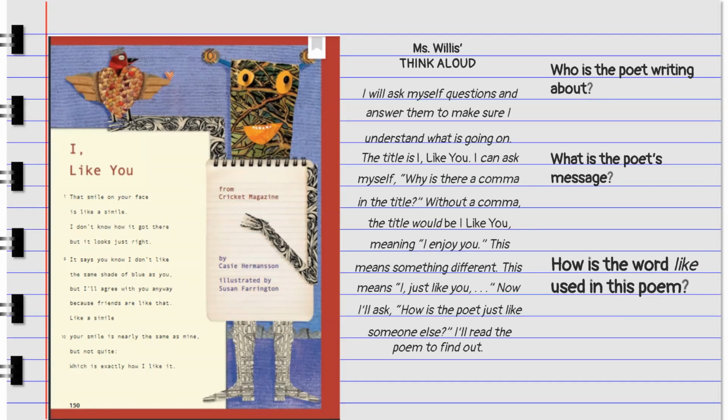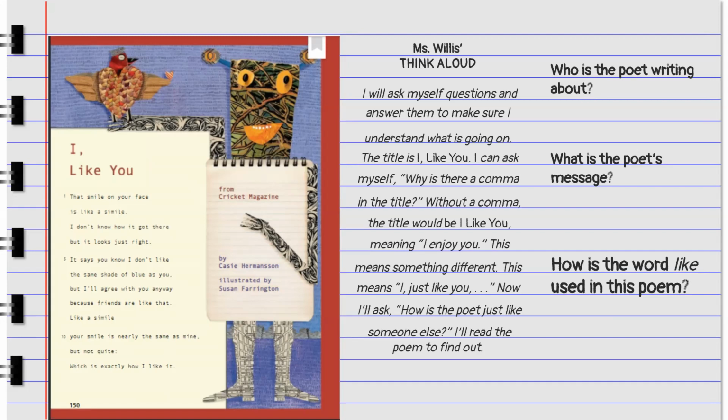Why is there a comma in that title? Without a comma, the title would be I like you, meaning I enjoy you. But that's not what this means. This means I'm just like you. We're the same. Now, I'll ask, how is the poet like someone else? I'll read the poem to find out.